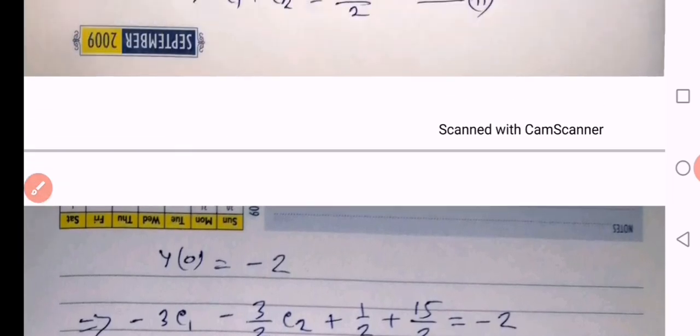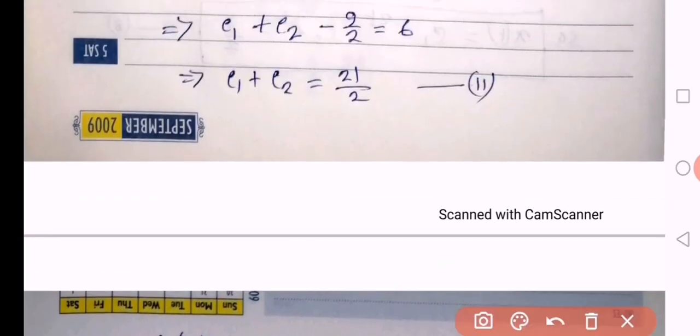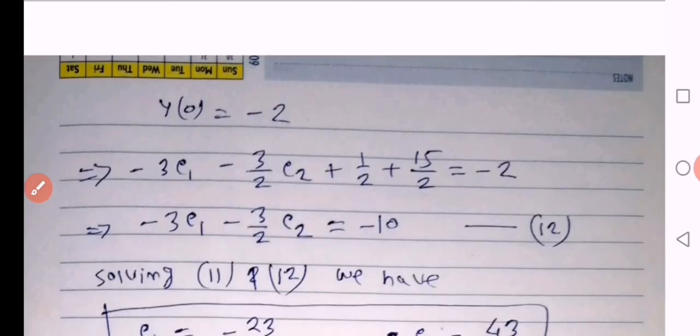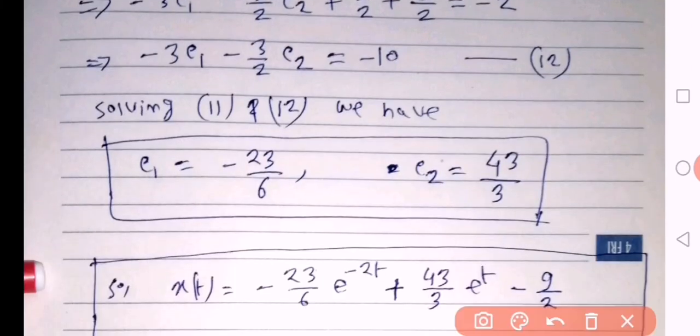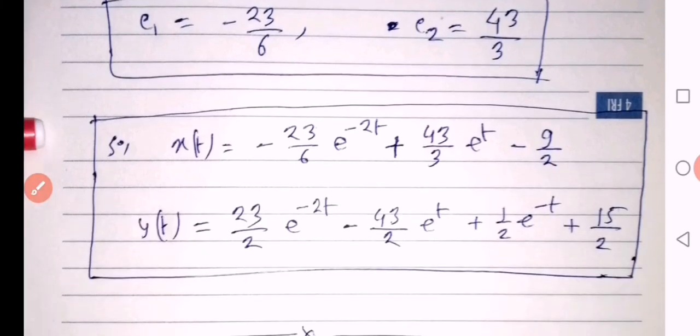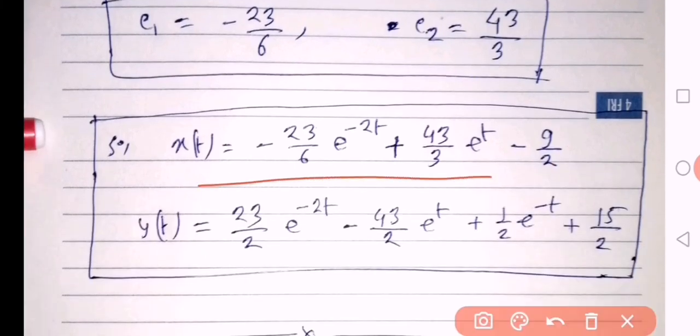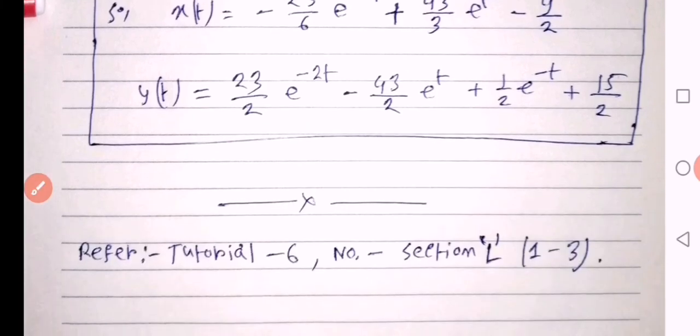So solving equation number 11 and equation number 12, we will get the C1 value is this and the C2 value is this. After substituting the C1 and C2 values, finally we will get x(t) is this and y(t) is this. So this is our final required solution.